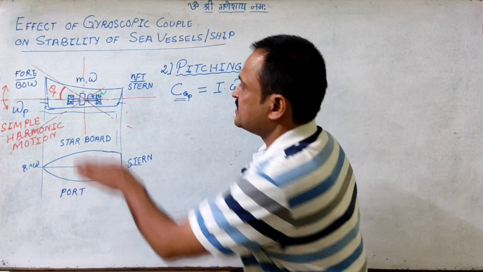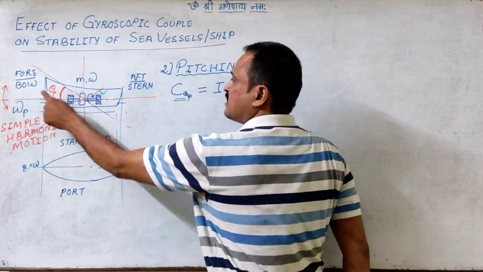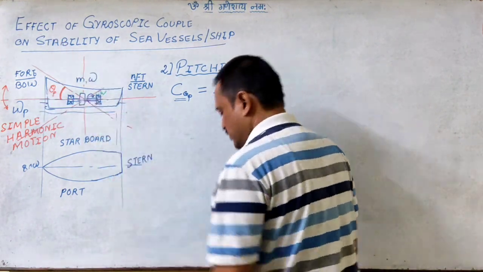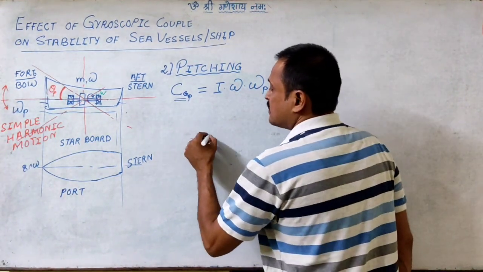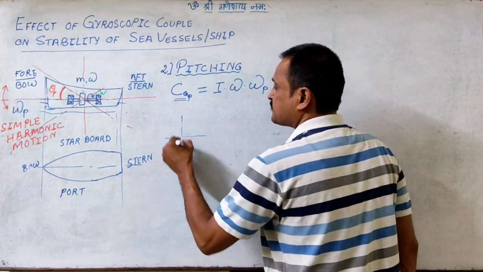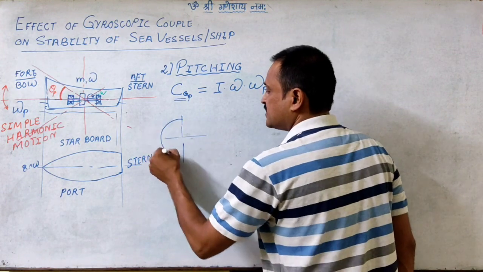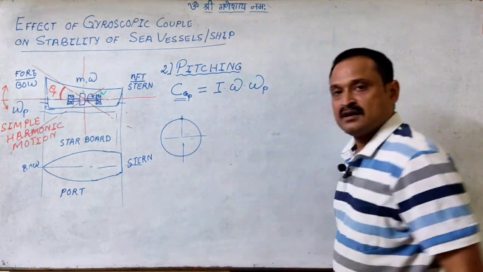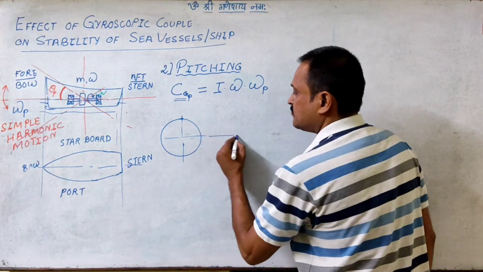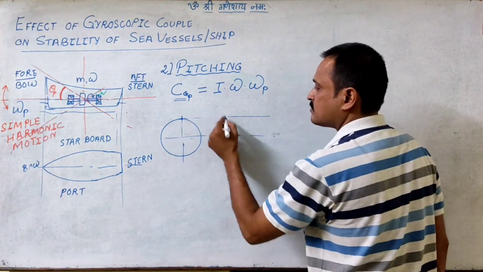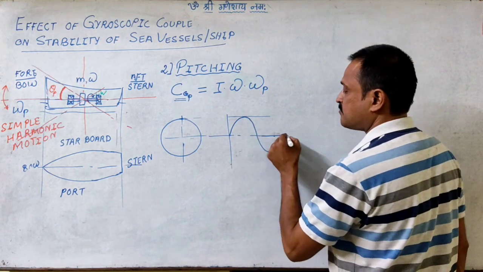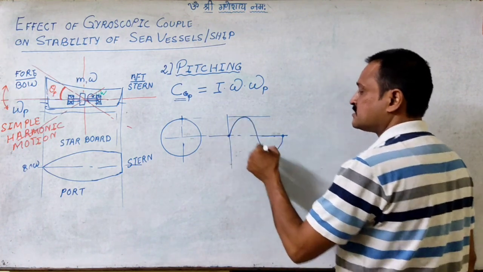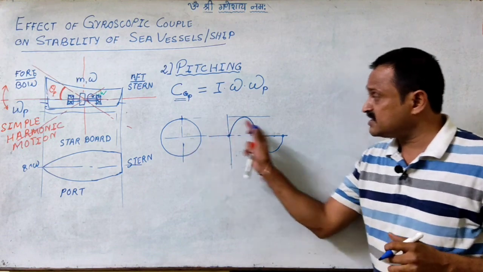So that means the displacement, this theta_p, is simple harmonic. So we know what a simple harmonic motion is, right? So I can relate it to a particle rotating in a circle, and at the same time a particle is moving, giving a sine curve.